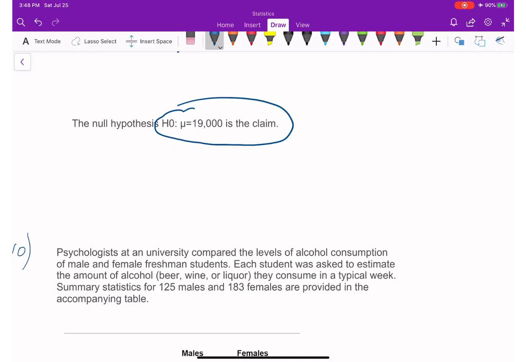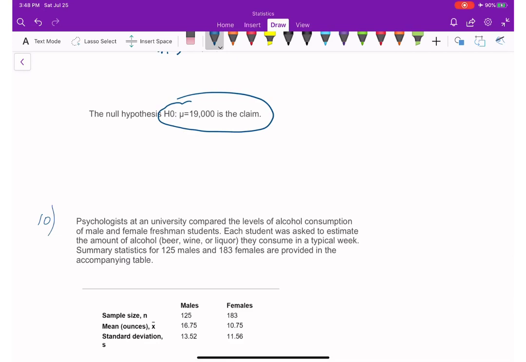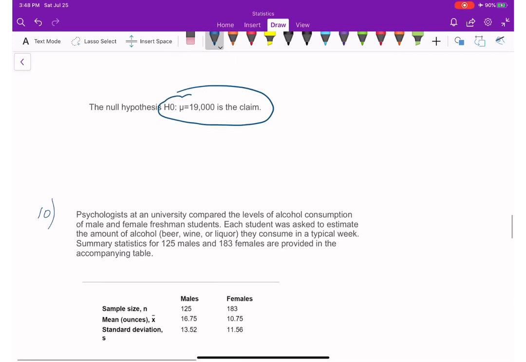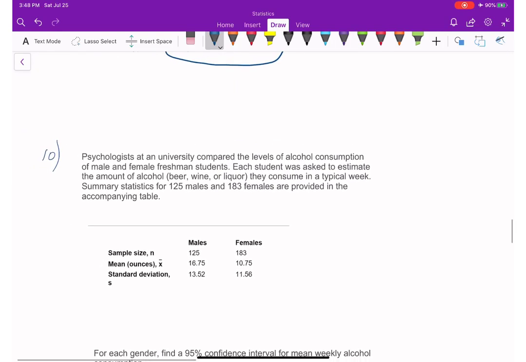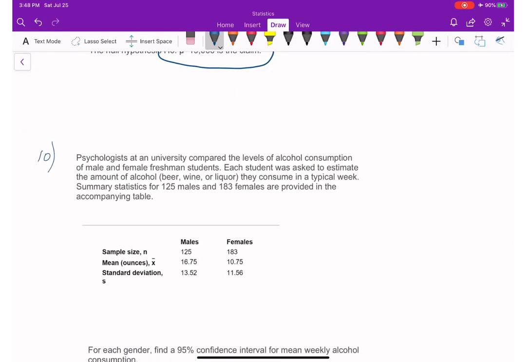Next question. Psychologists at the university compared the levels of alcohol consumption of male and female freshman students. Each student was asked to estimate the amount of alcohol, beer, wine, or liquor they consume in a typical week.